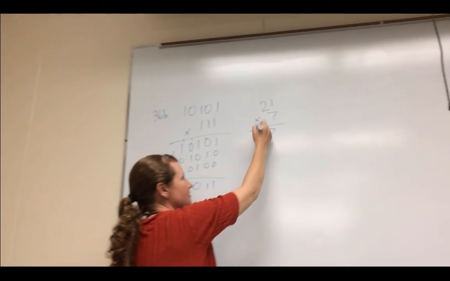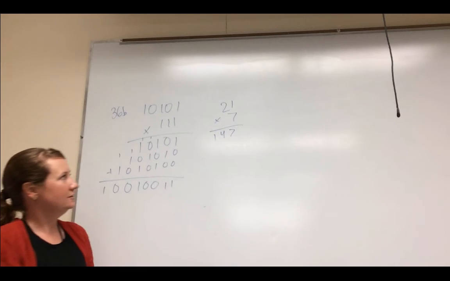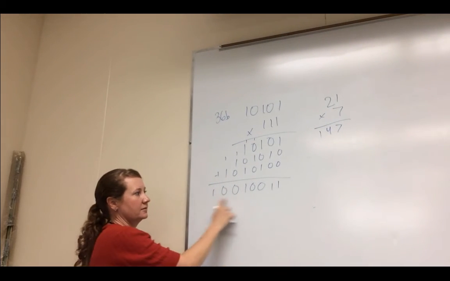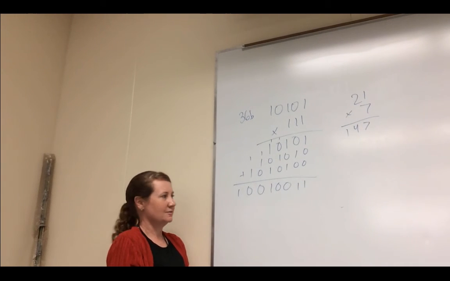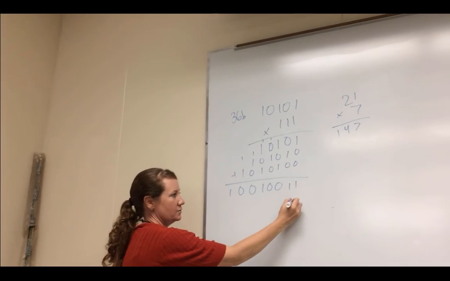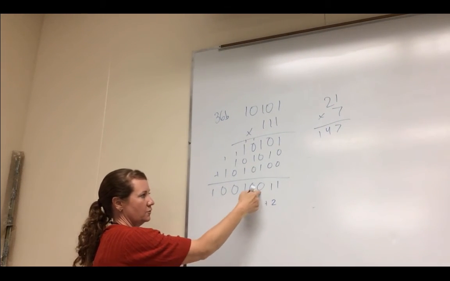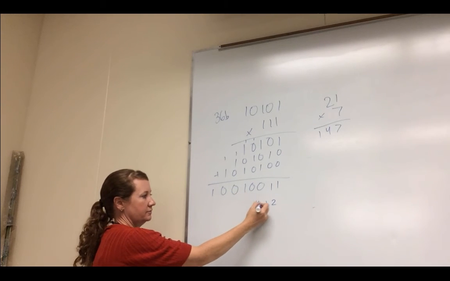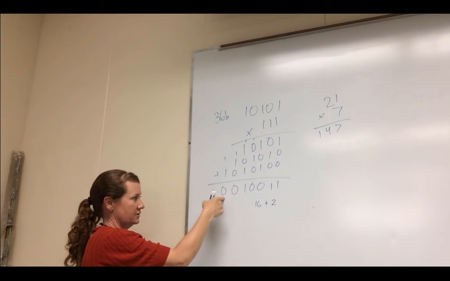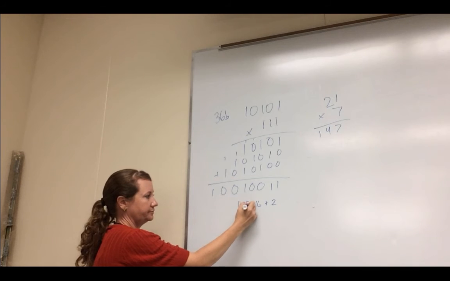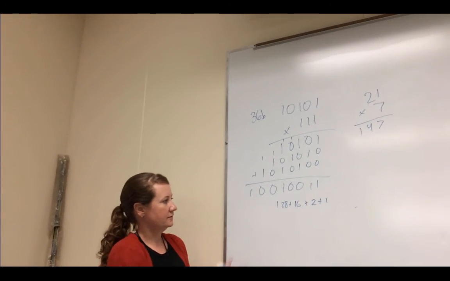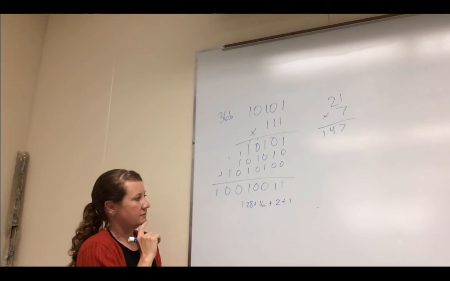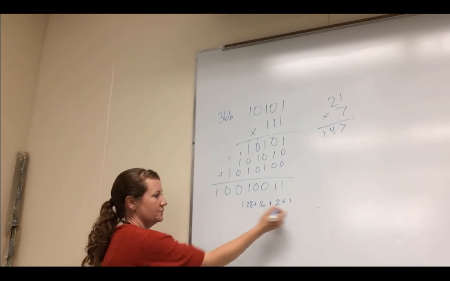Okay, then this would be 7 and then 14. This is an odd number, so it's looking good already, our answer. But just to check it, this would be 2, 4, 8, 16, 32, 64, 128. So what would that be? Yep, 147.